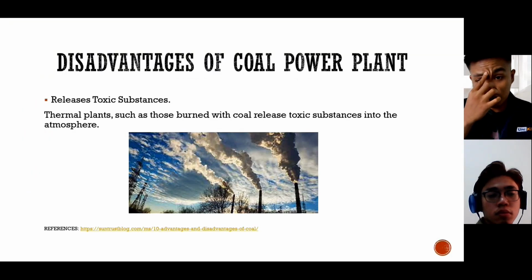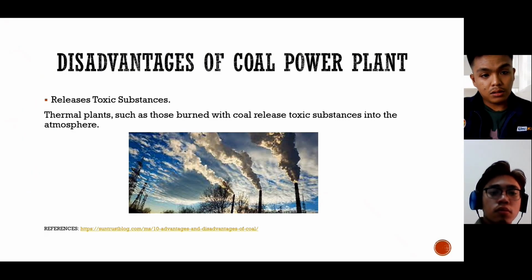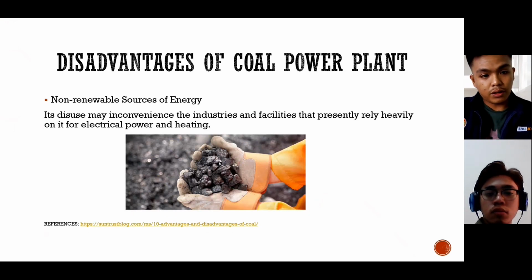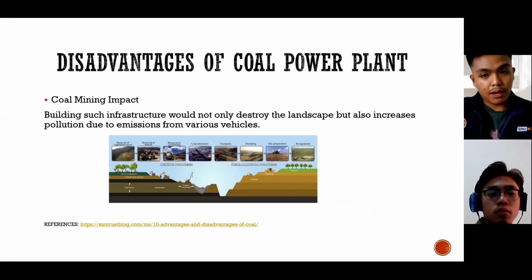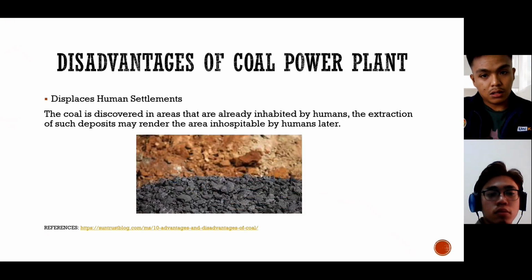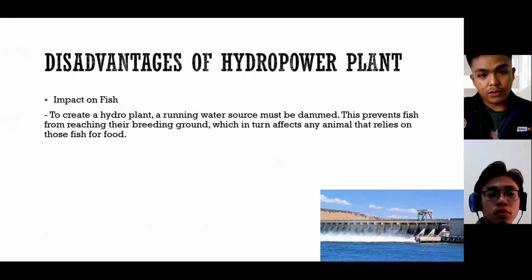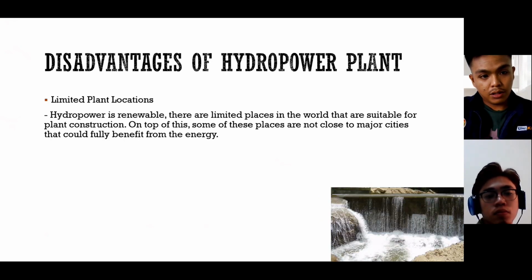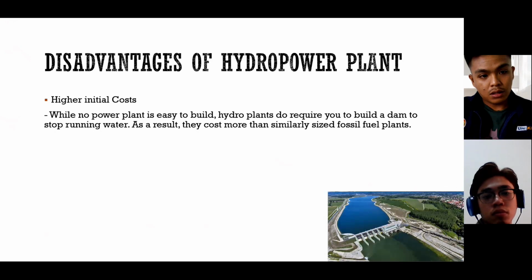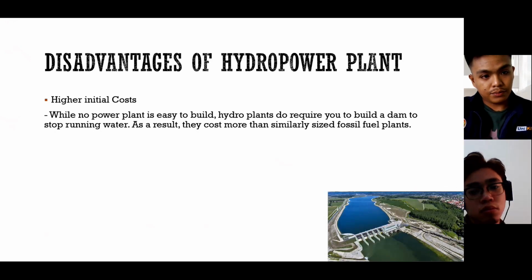These are the disadvantages of a coal power plant: it releases toxic substances, is a non-renewable source of energy, and has coal mining impact. The disadvantages of a hydropower plant: impact on fish, limited plant locations, and higher initial cost.